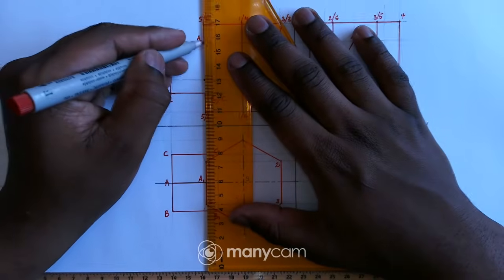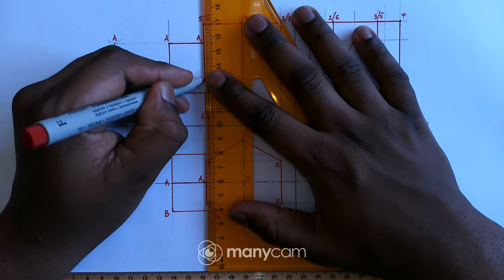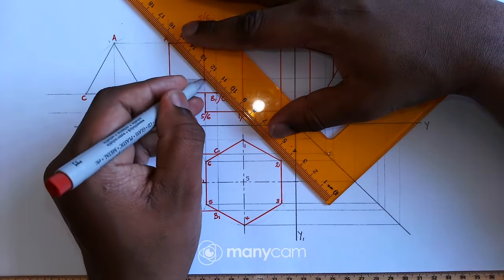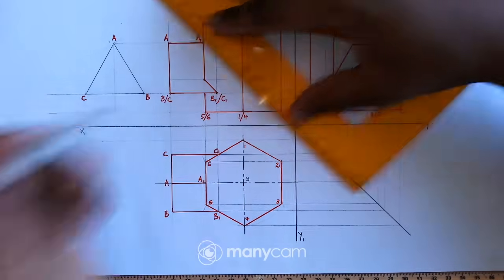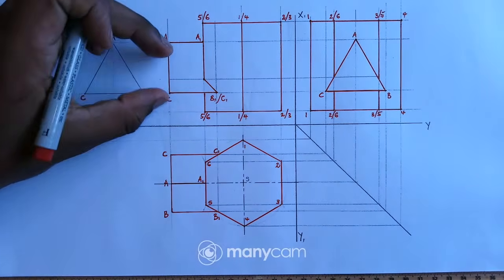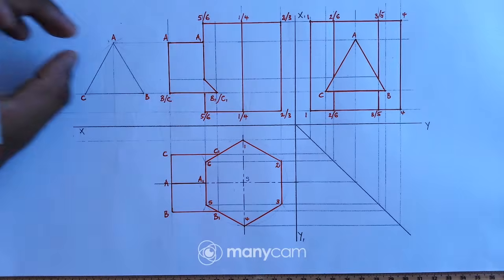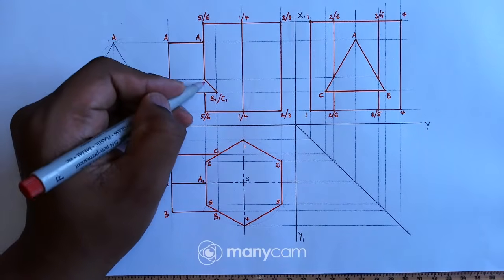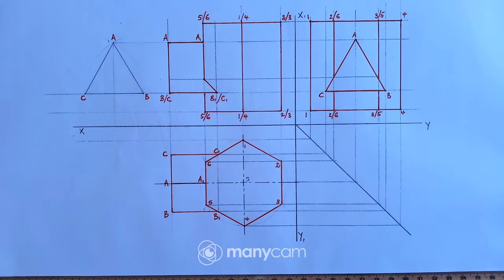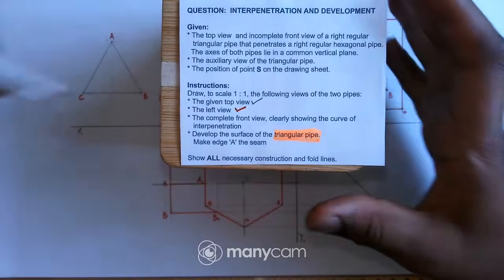So here I will just draw in a straight line, and then from that point just connect with B1. So this is our curve of interpenetration. So that's where this triangular pipe interpenetrates this main pipe there. Alright, okay, so we are done with the front view.